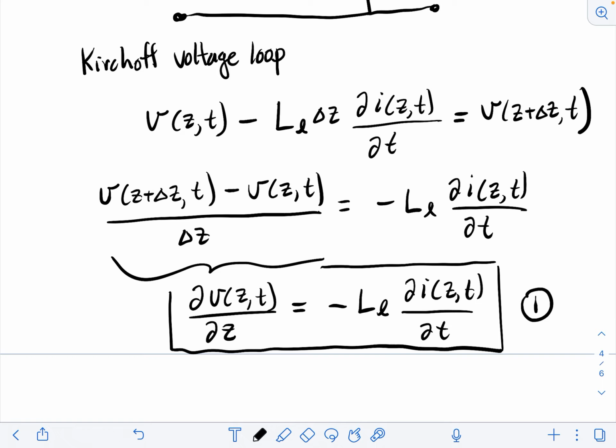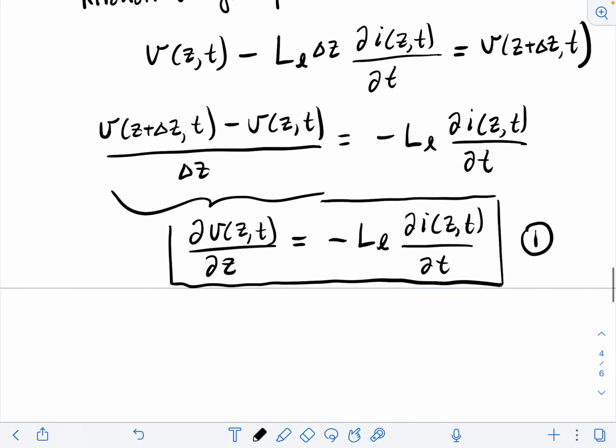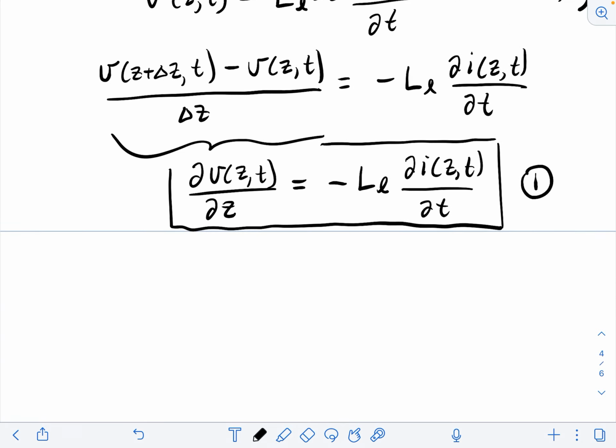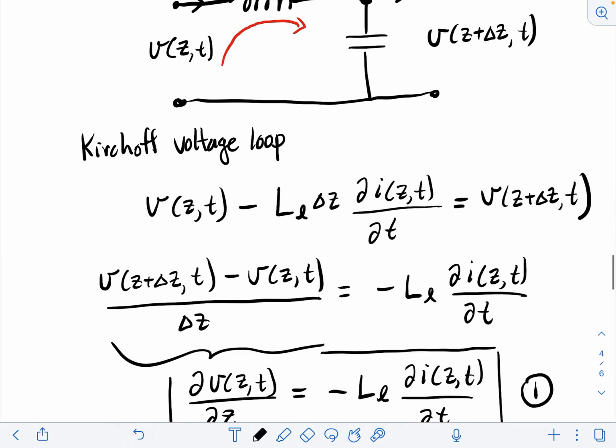You might be able to guess what we're going to do next. We've done a Kirchhoff voltage loop, and so now we're going to do the Kirchhoff junction rule. Okay, so let's go back and look at this picture.